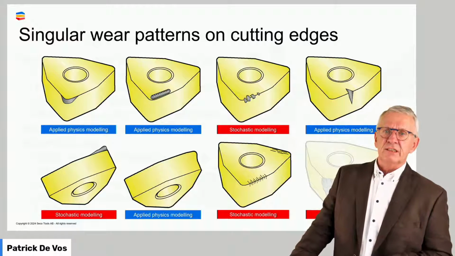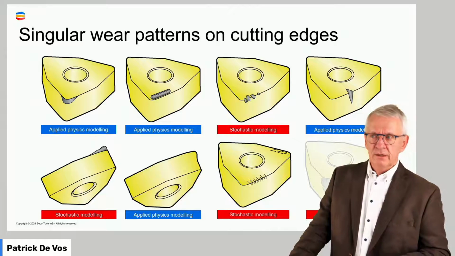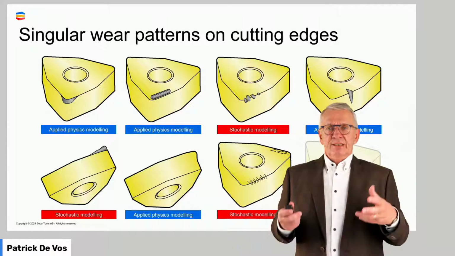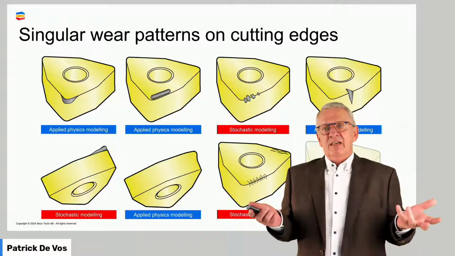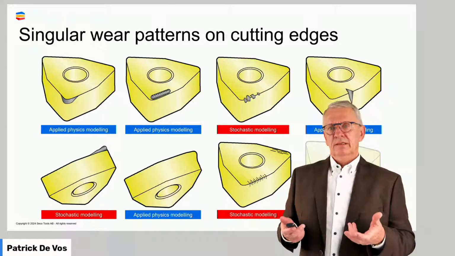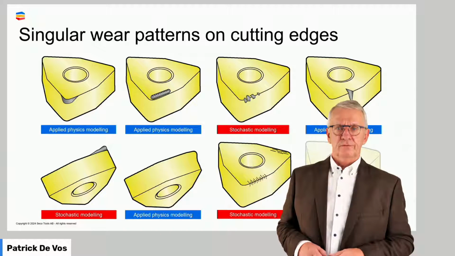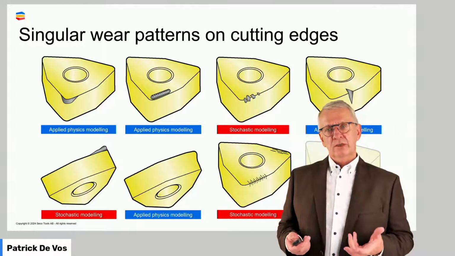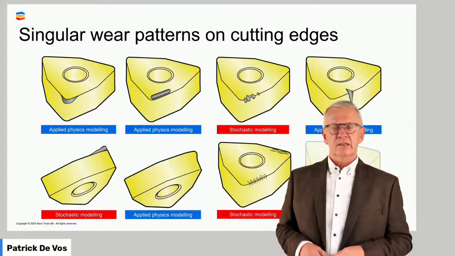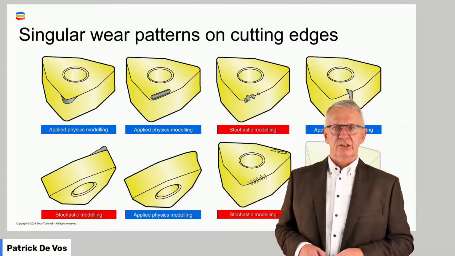We need a different type of modeling here. We need some stochastic modeling, because these things happen at first sight at random, in a chaotic way of appearing. But as I already said, there are methods to bring some order in these things.